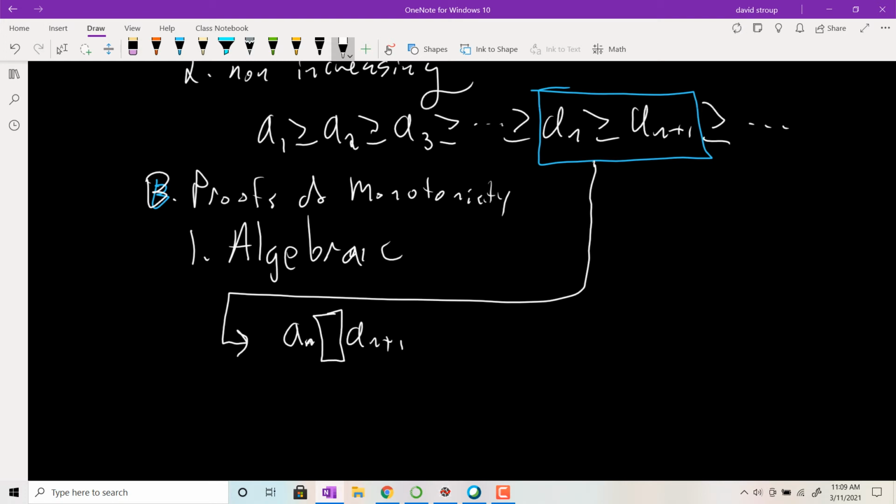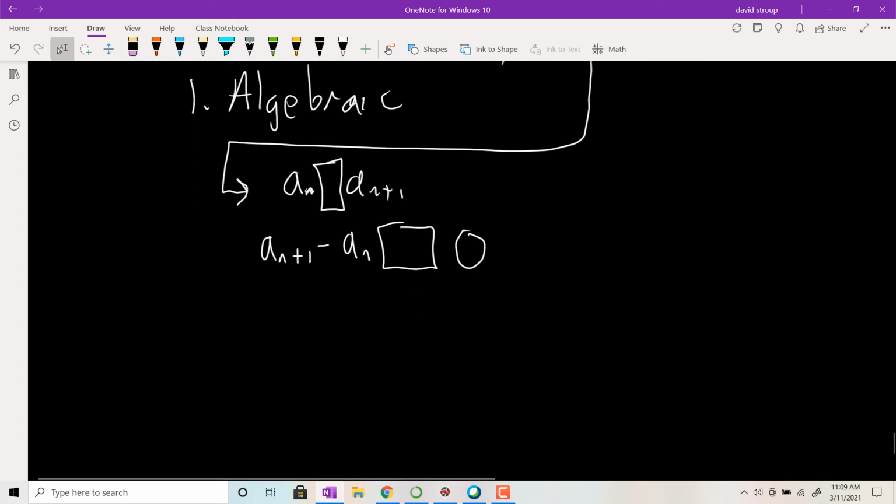Okay, if you subtract a sub n from both sides and flip sides, you could compare the difference between a sub n plus 1 and a sub n to 0. So if a sub n plus 1 minus a sub n is greater than 0, or greater than or equal to 0, that implies that the next consecutive term is getting bigger, right?